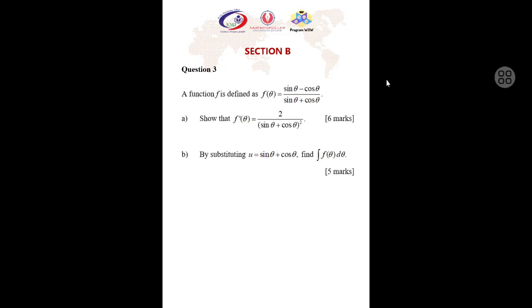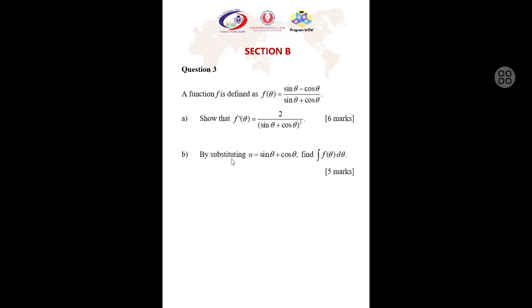Okay, next we look at question 3 for section B. We have two questions here, 3a and 3b. They give you function f. A function f is defined as f theta equals to sine theta minus cos theta over sine theta plus cos theta. So A, show that f prime theta equals to 2 over sine theta plus cos theta square.